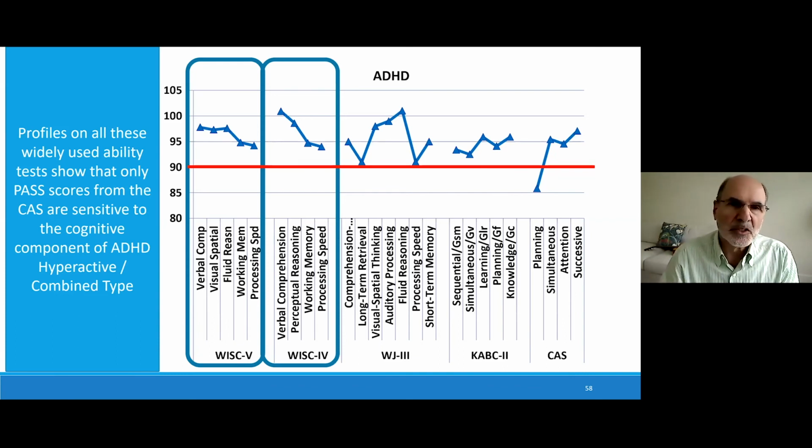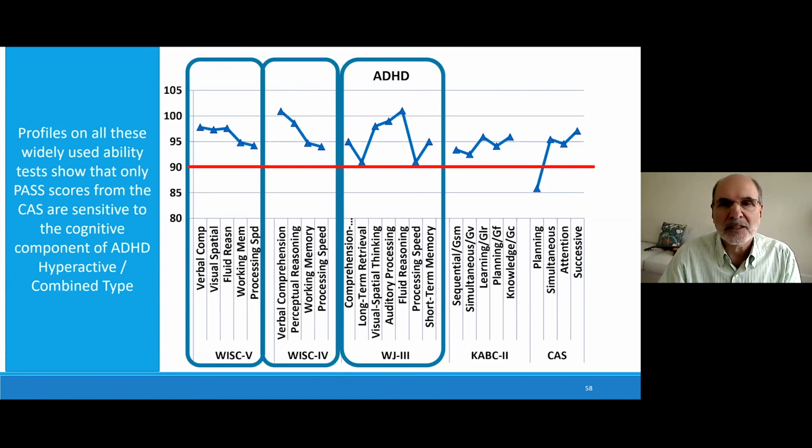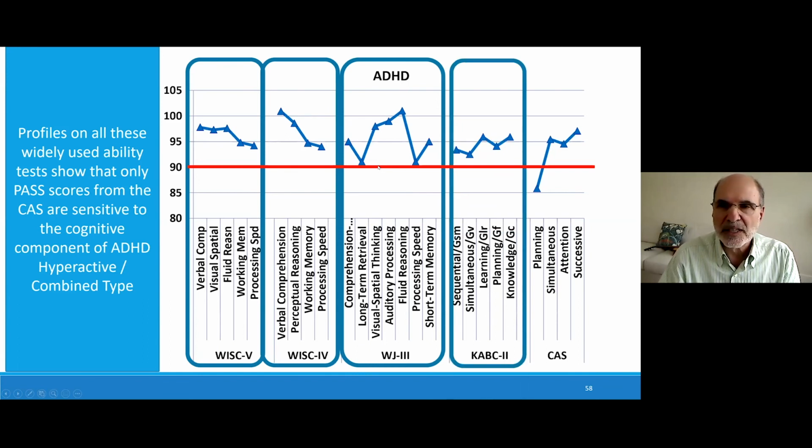And so you see the WISC-5 and the WISC-4 for ADHD kids doesn't tell you anything. Now, people like Russ Barkley have been saying for years, the WISC doesn't tell you anything about ADHD, even though many people have said it does, it doesn't. The WJ, you get this weird kind of profile, but nothing below 90. The KBC, you don't get anything.